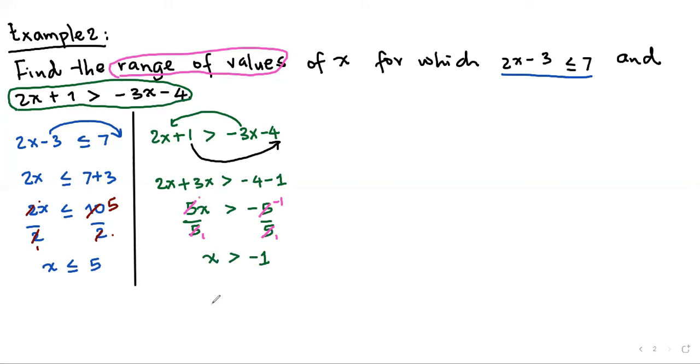Now that we have got the solutions to both inequalities, we are going to show this on the number line so that we can get the range of values. So in our next step, we are going to show this on the number line. Remember, this is the first step.